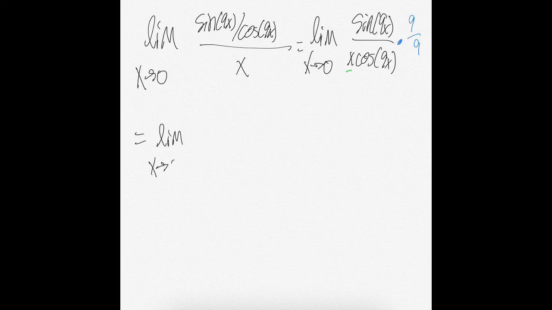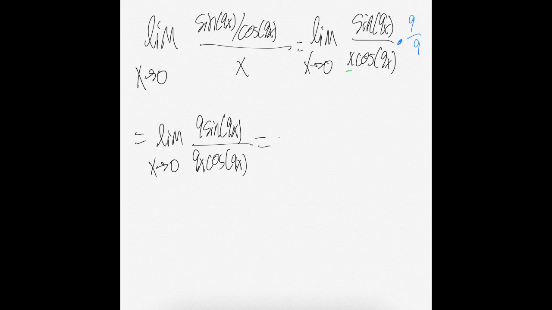And whenever I do that, I'm going to get 9 sine 9x. Oh, that 9 should be in parentheses as well. 9 sine of 9x over 9x cosine 9x.